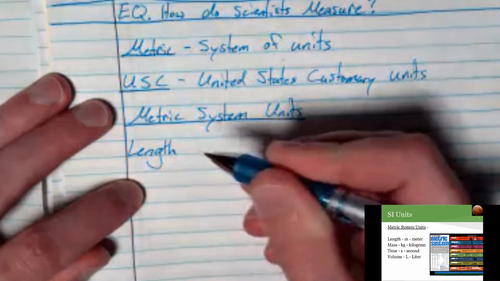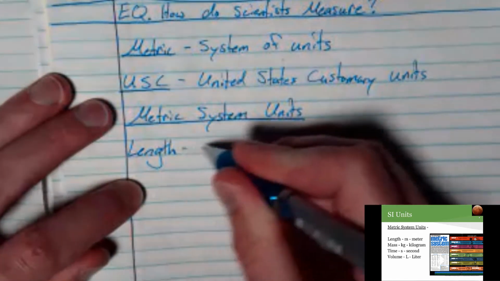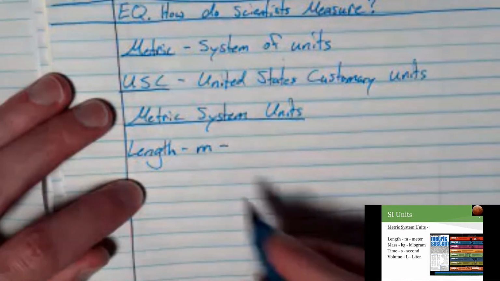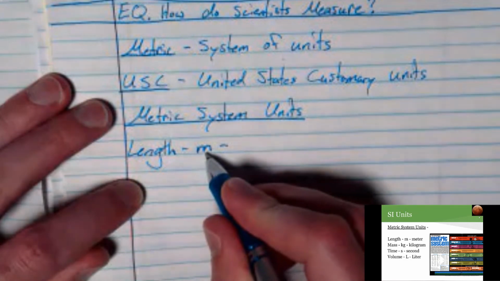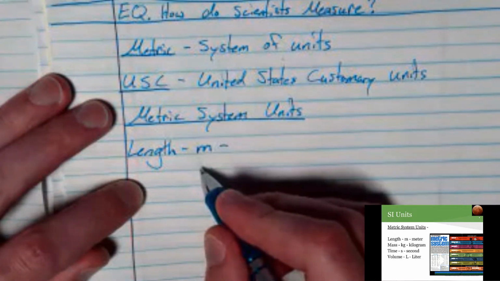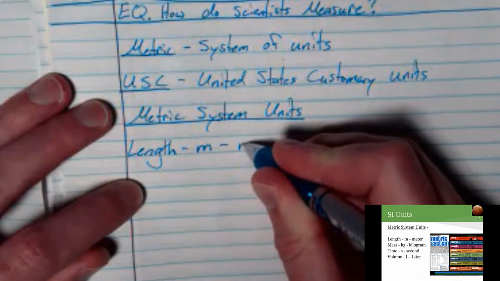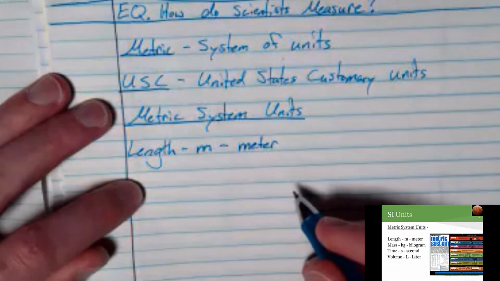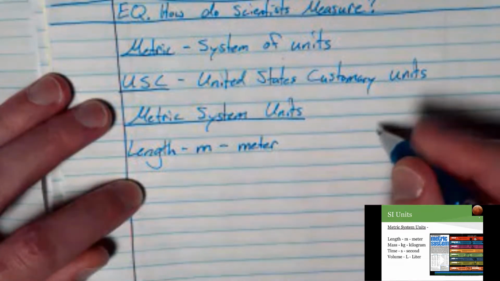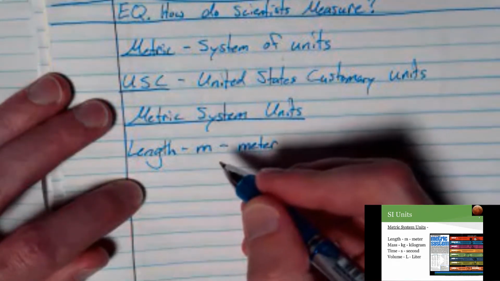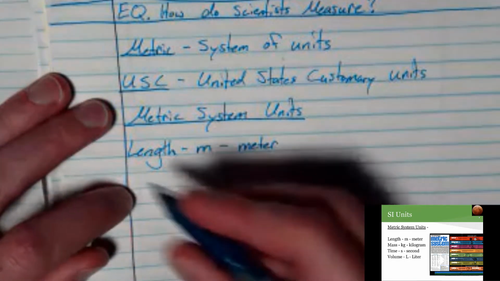So to find length, we would be using meters. And there's this little m before the word meters, and that's how we actually abbreviate it. So if I put like 25 meters, I could just put 25m. It's a lowercase, which is also important. We'll get to that later as well.